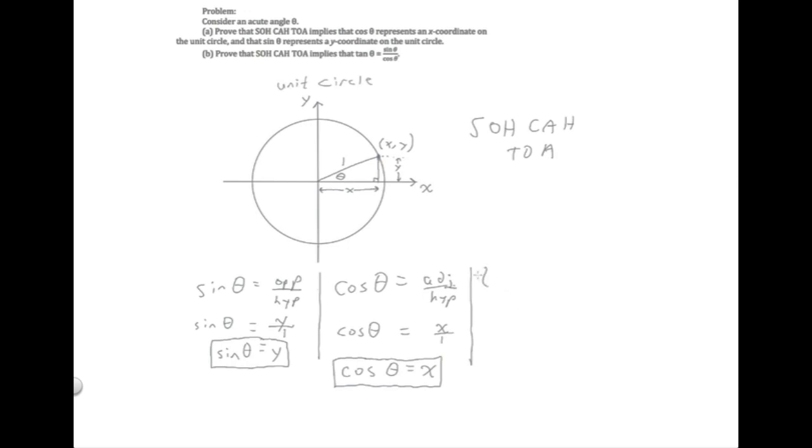And then finally we could do the tangent of theta. Well, according to Sohcahtoa, the tangent of theta is the opposite over the adjacent. Well, the opposite side of this triangle is y, and the adjacent side is x.